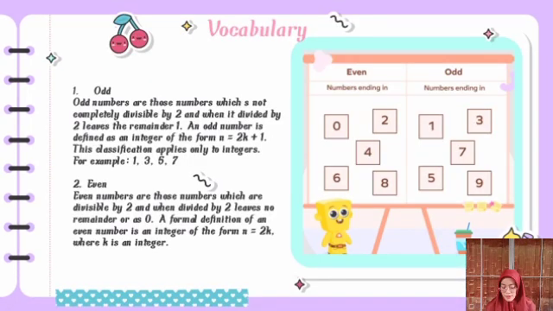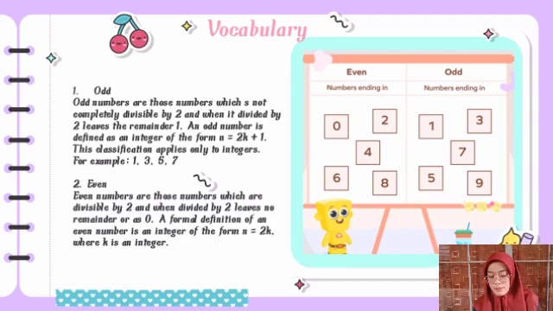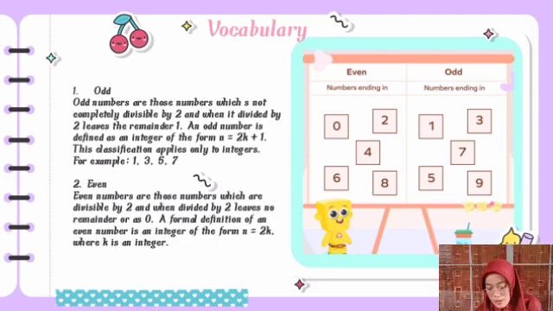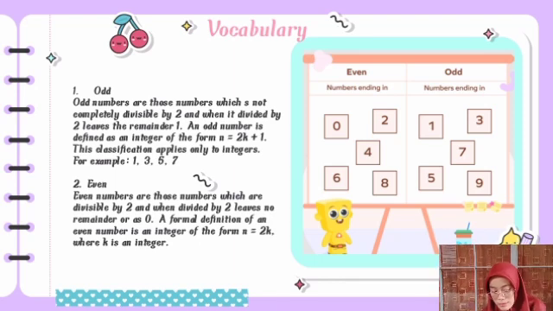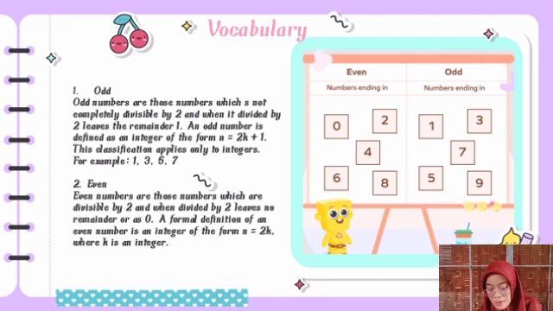The first vocabulary word is odd. Odd numbers are those numbers which are not completely divisible by 2, and when divided by 2 leave the remainder 1.